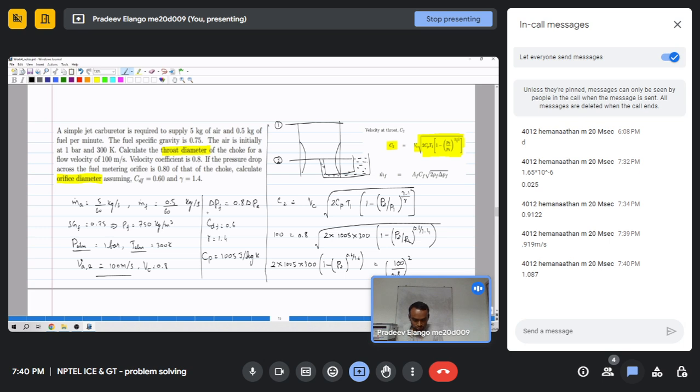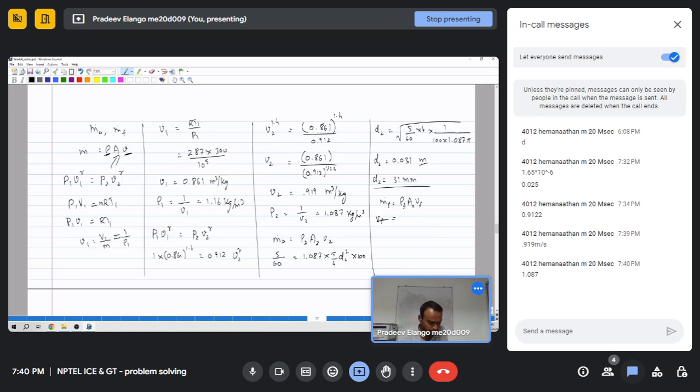For the velocity of the fuel, we know that the change in pressure of the fuel is 0.8 times the change in pressure of the air. So delta Pf is equal to 0.8 delta Pa, and this is 0.8 into the change in air pressure. Initially it was 1 bar, and later at the throat it became 0.912 bar.